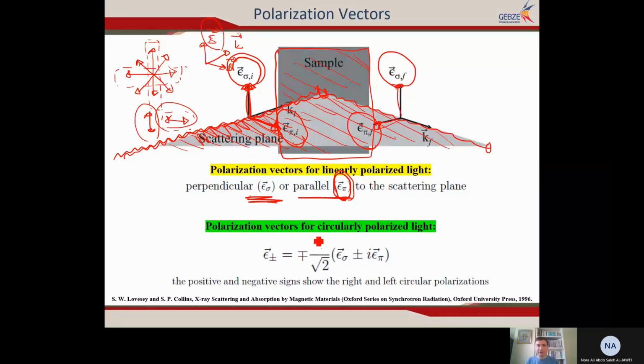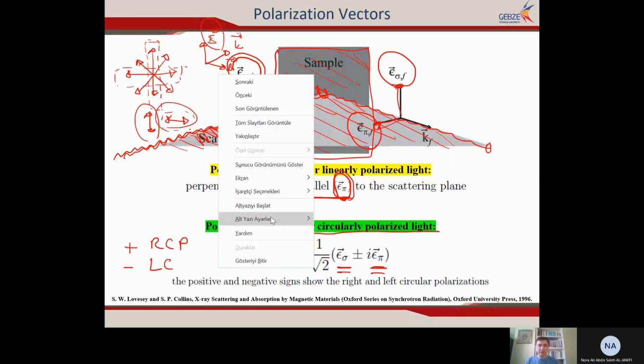In case of circularly polarized light, as I told you, we have both components of sigma and pi, perpendicular and parallel components. So what do you see here? We have plus minus sign. What is the meaning of plus minus? Plus means right circularly polarized light. Minus means left circularly polarized light. Okay, RCP, LCP.